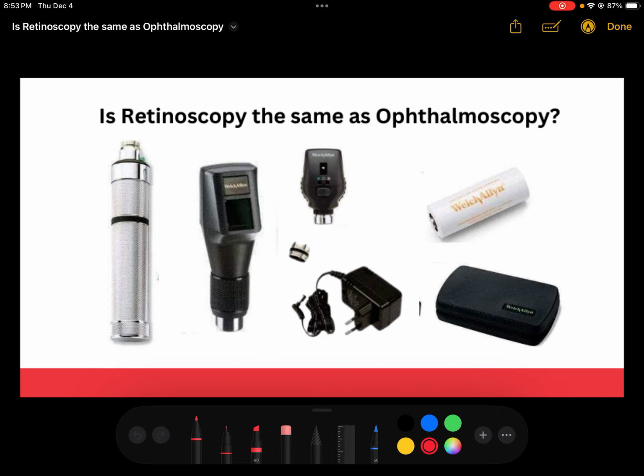Mode of action of atropine: it blocks the muscarinic receptor of the sphincter pupillae, and the radial muscles of the iris remain unopposed. Consequently, dilatation of the pupil occurs. Indications: there are two types, therapeutic indications and diagnostic.